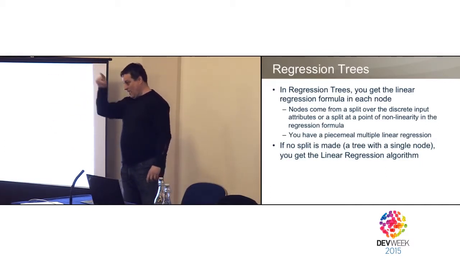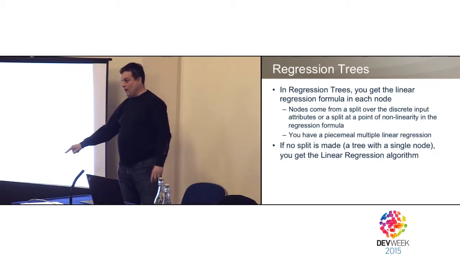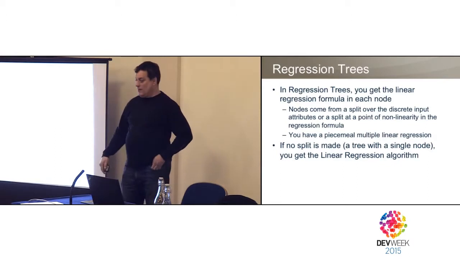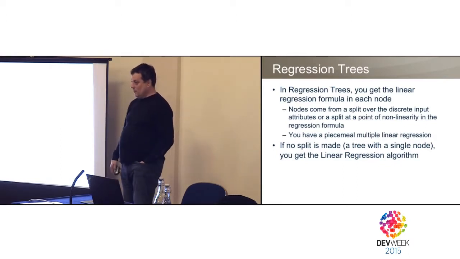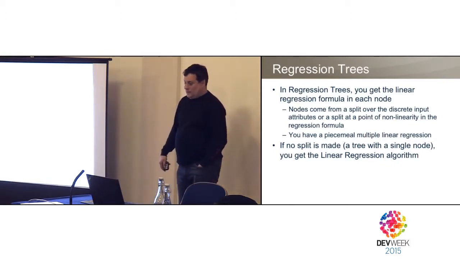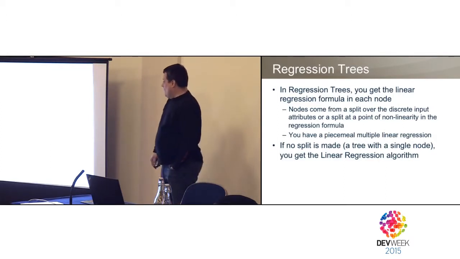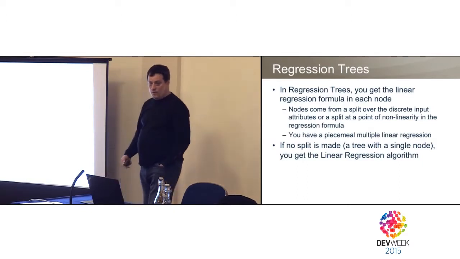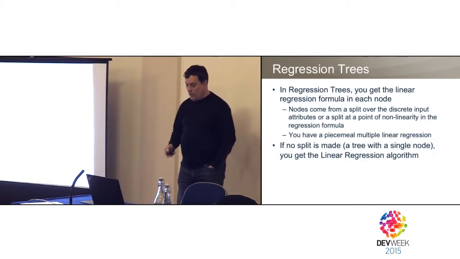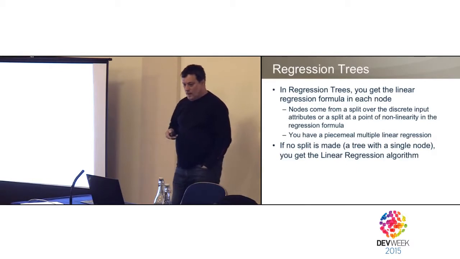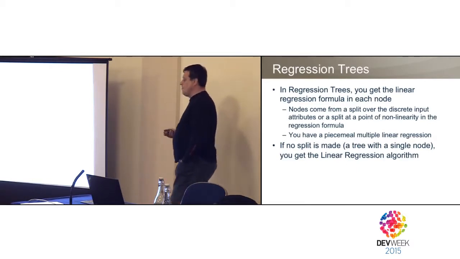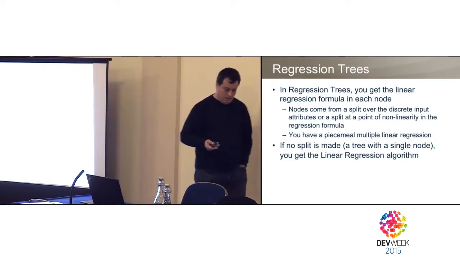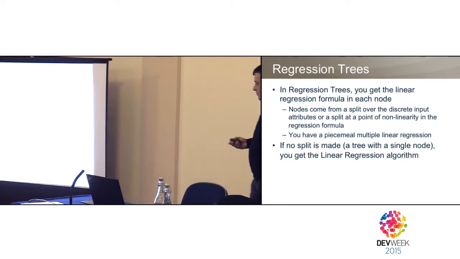So in every peak or valley, you define a cutting point, a splitting point, and then you use this variable as a discrete one for splitting the tree. And the rest, the ones that do not have any points of nonlinearity, are used as regressors for the multiple linear regression formula in these nodes.